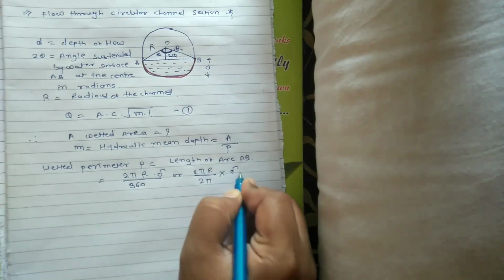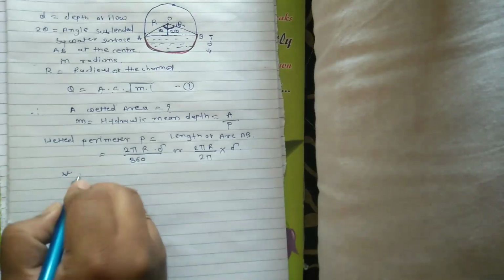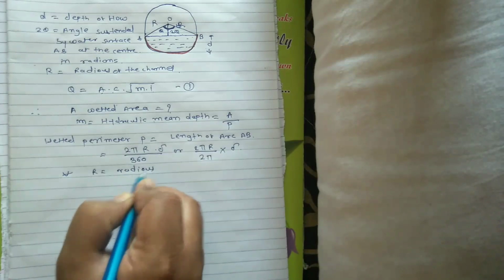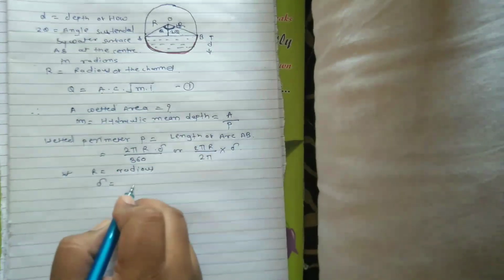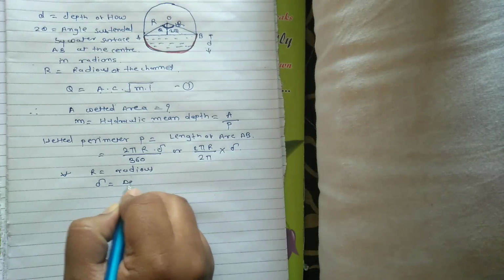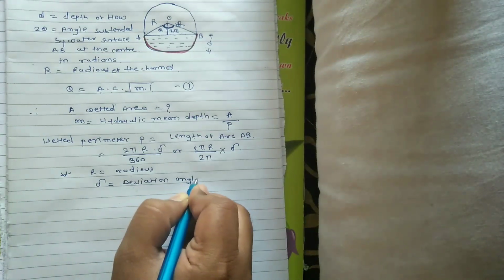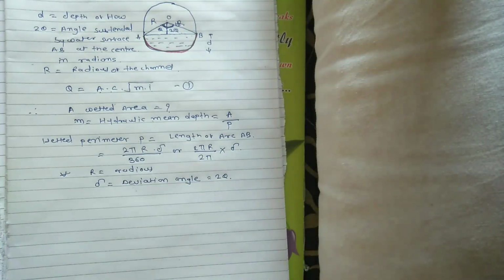Now what is this r? r is nothing but the radius, and delta is nothing but that deviation angle, this angle. Delta is nothing but the deviation angle, which is equal to 2 theta, right?